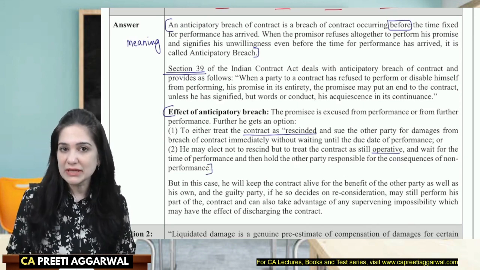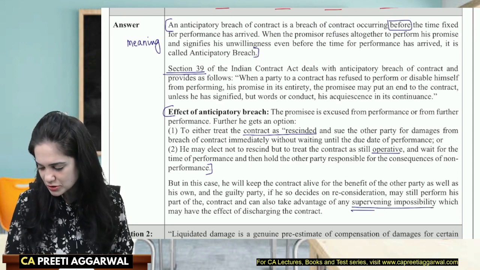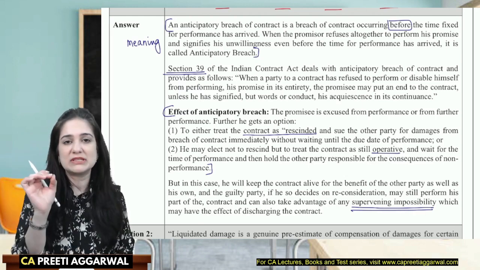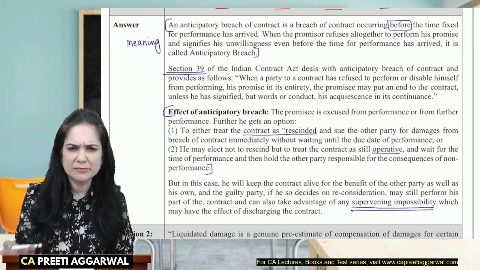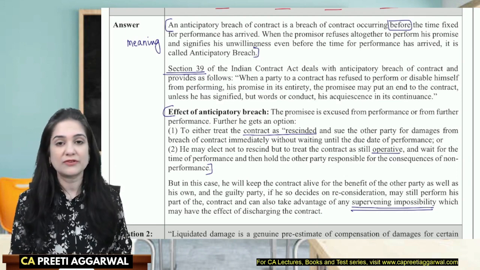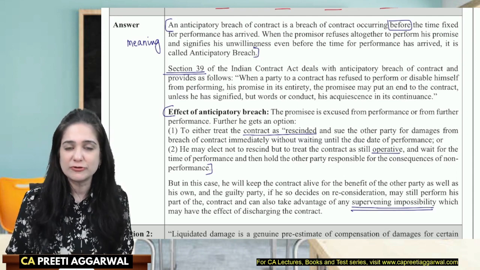But there is some risk involved in waiting. The contract may be discharged by supervening impossibility. Now it is not compulsory that you write in these words, because this answer is given by ICI. It may sound technical, and the language may be difficult to remember, but yes, you can write it in your own words, but try to include technical keywords and terms.